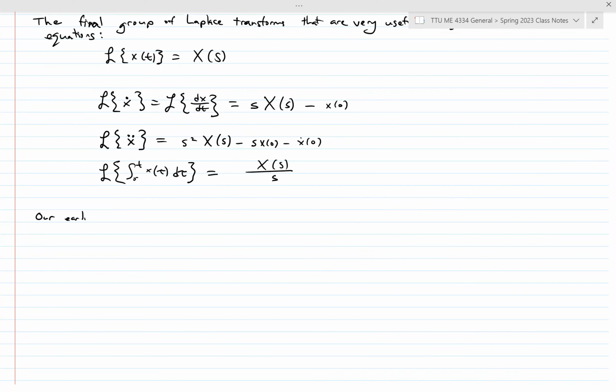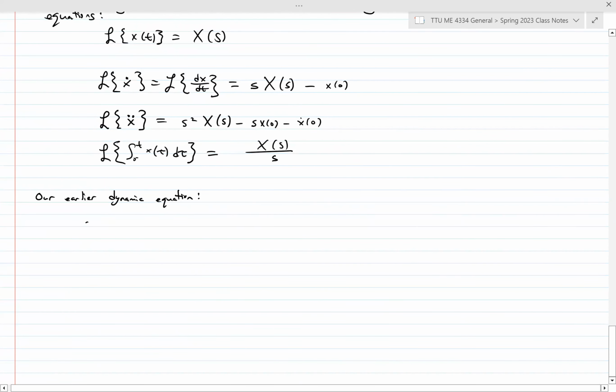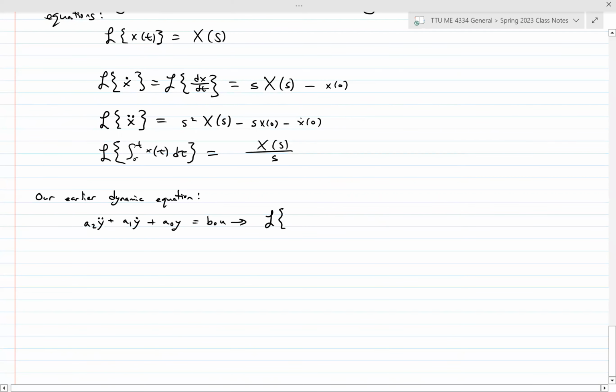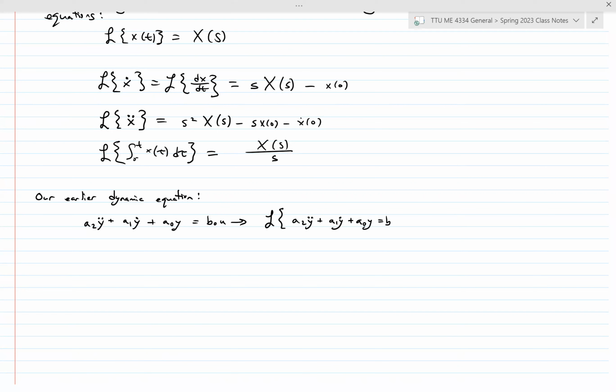Our earlier dynamic equation: a2 y double dot plus a1 y dot plus a0 y is equal to b0 times u. We're going to take a Laplace transform of this entire thing. We're trying to solve for y as a function of time. The first step is to take a Laplace transform of everything, because it's going to be easier to work in that world than in the time domain world.